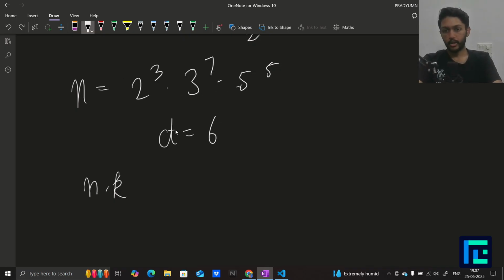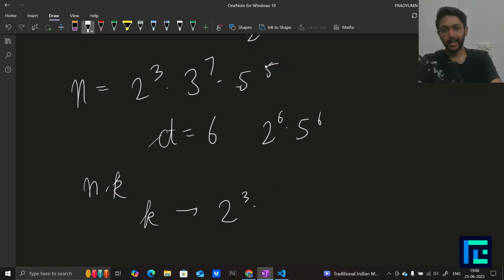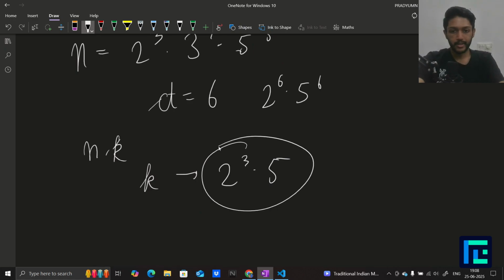But now if we want 6 trailing zeros at the end, that means we want 2 to the power 6 and 5 to the power 6. So if we already have 3 2's, that means in my k I will need 3 more 2's. And if we already have 5 5's, then I will need one more 5. So k has to have at least this much.